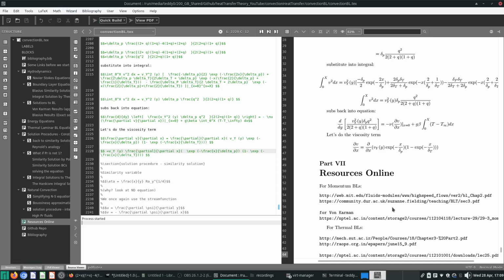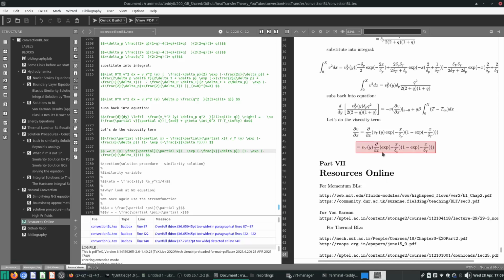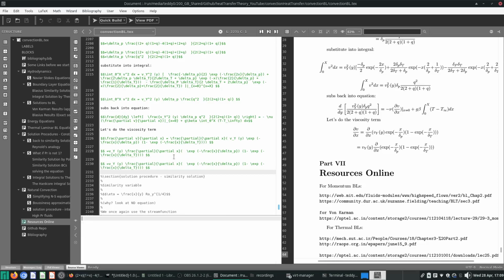Then I don't really feel like doing a product rule thing, so I'll just multiply this in straight away.